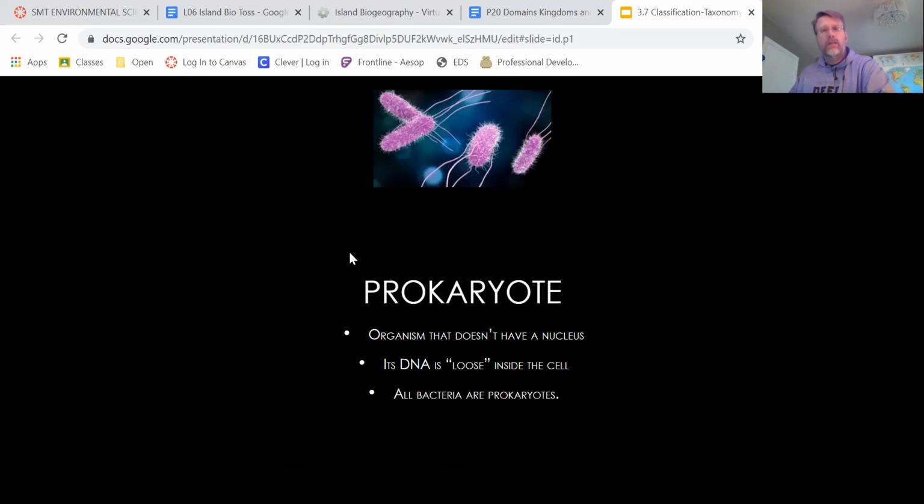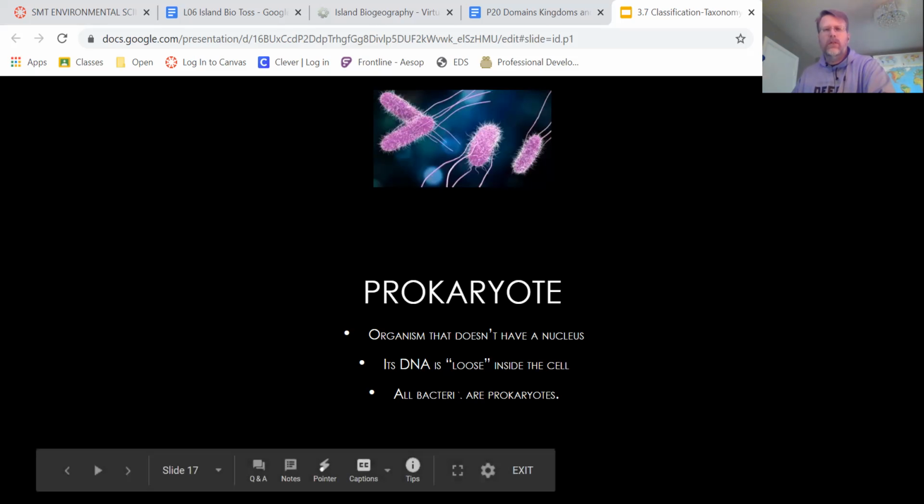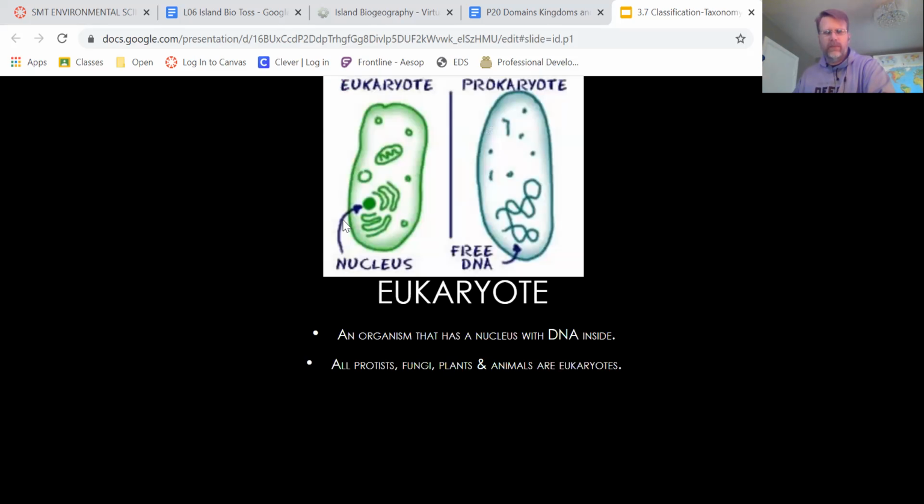This is the big categories that different life is placed into. You're going to notice that animals is only one of the categories. Prokaryotes is a completely different category. It's one of the simplest organisms. No nucleus, the DNA is loose inside the cell, and it's mostly just bacteria.